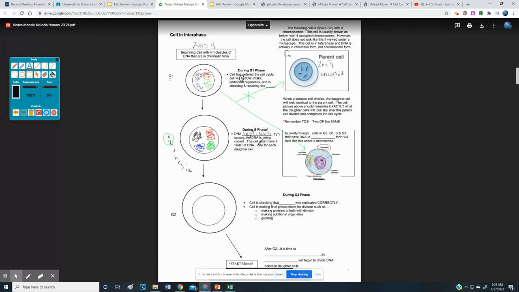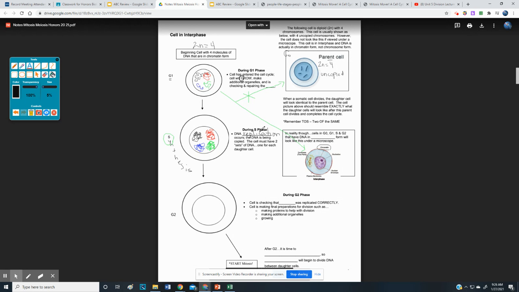If you replicate a picture, that means you just redraw it or you copy it. So replicate means to copy. Now I'm going to go back up here to G1, and I purposely didn't add something in this last blank because it kind of relates to what's going to happen in the next phase. So imagine, and you would never do this, right, that you had an assignment due and you were desperate and you copied someone else's assignment.